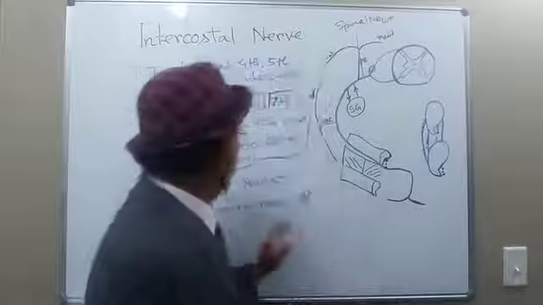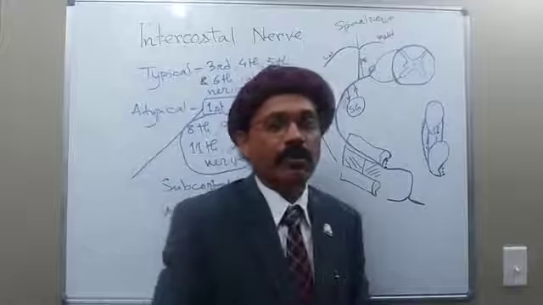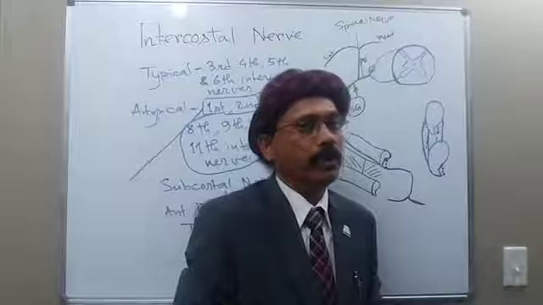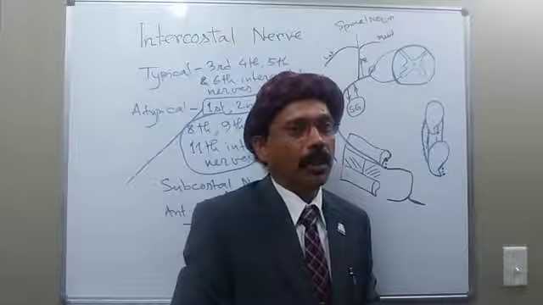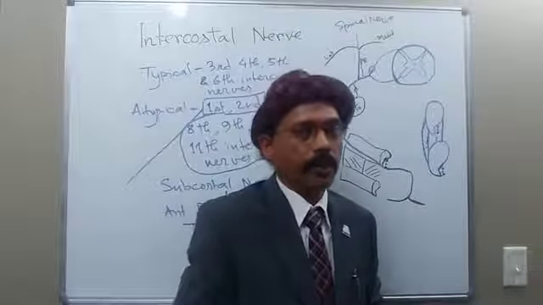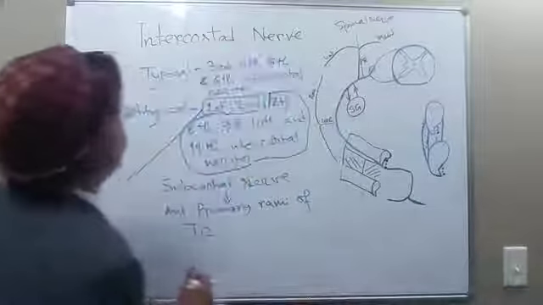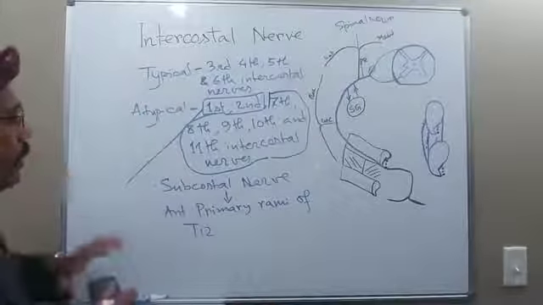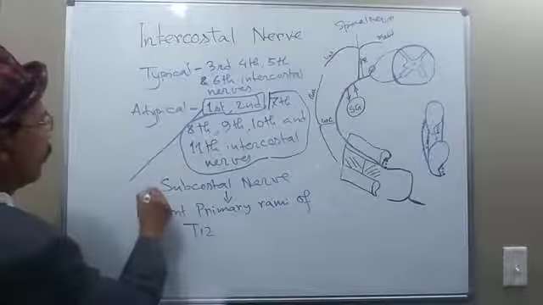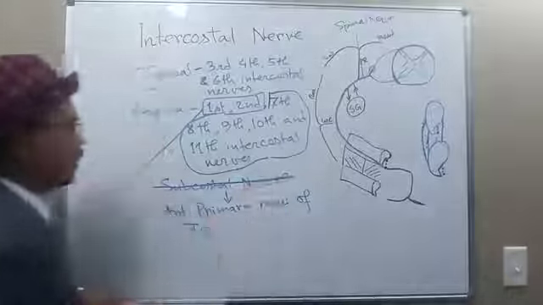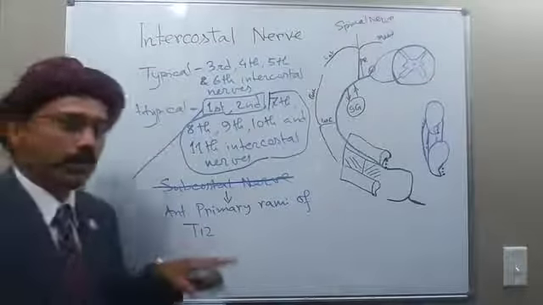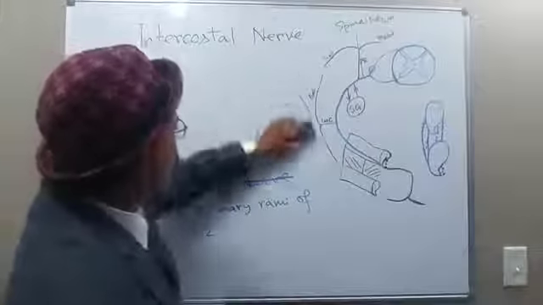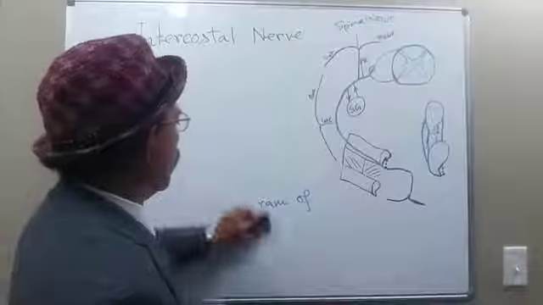This nerve supplies the lower part of the anterior abdominal wall, and the skin over the gluteal region, below the iliac crest, up to the greater trochanter of the femur. So we got the classification of intercostal nerves: typical, atypical. This is not an intercostal nerve. This is the subcostal nerve. It is below the 12th rib.